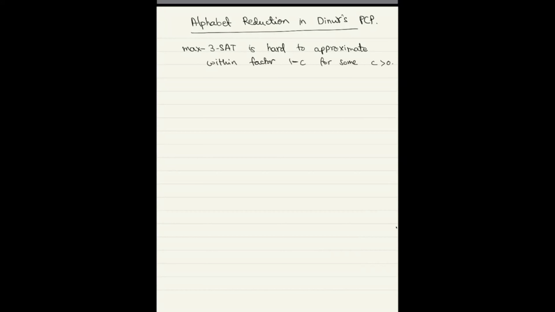This is the standard PCP theorem, and the way it is proved is in two steps: gap amplification and alphabet reduction. Traditionally we know that Max 3-SAT is NP-hard.